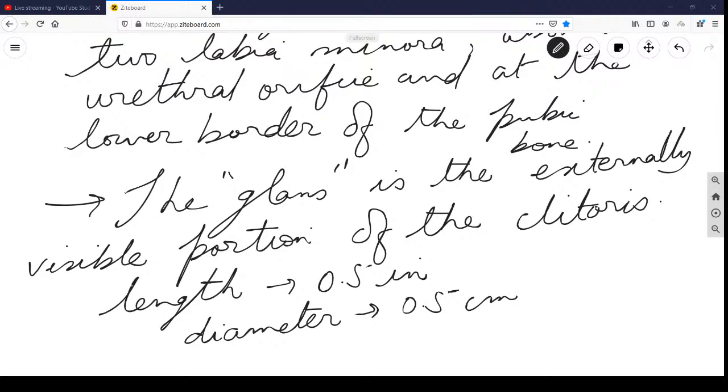Now the clitoral shaft contains a pair of spongy cylindrical tissues that fill with blood and cause the clitoris to erect slightly during sexual arousal or during coitus.